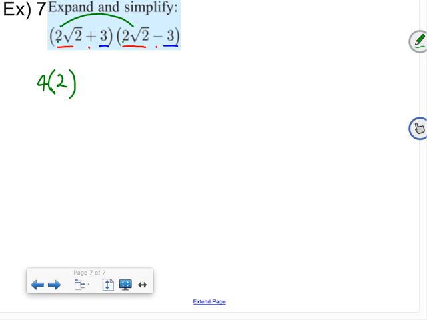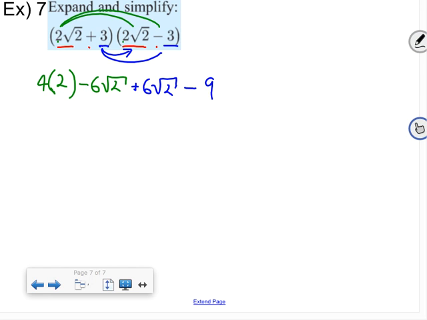And then I'm going to multiply this through, and I'm going to get minus 6 square roots of 2. Now that's the first term. So now with another term, I'm going to multiply this 3 through, and I'm going to get plus 6 square roots of 2. And this 3 to this, I'm going to get minus 9.